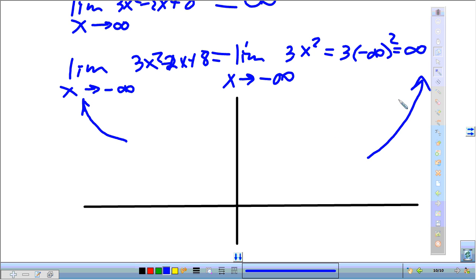If the limit was minus infinity, it would go down forever. So we're either going to get a constant number and a horizontal asymptote, or we get an infinity and we get this up or down forever behavior near the edges. And no asymptote here.